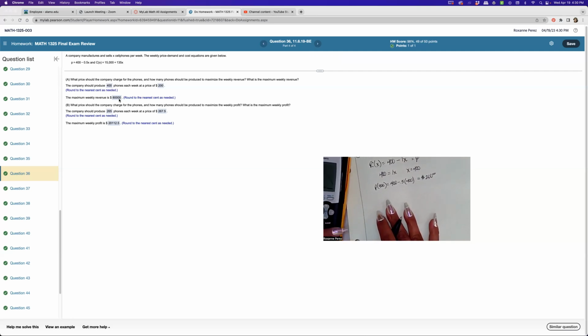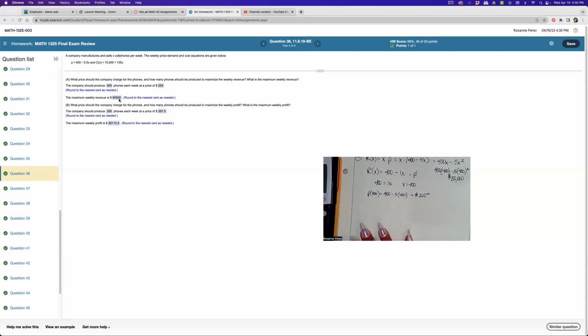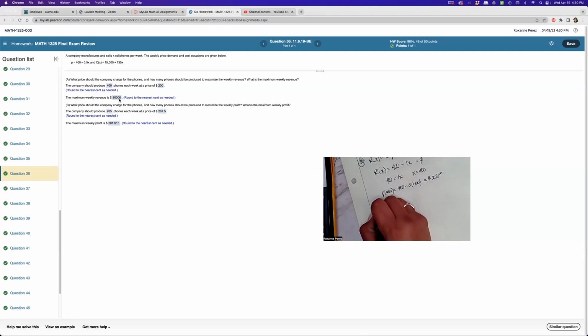Okay, now part C, what price should the company charge for the phones and how many phones should be produced to maximize the weekly profit? So now they're asking us for the profit function. Profit equals R of x minus C of x.